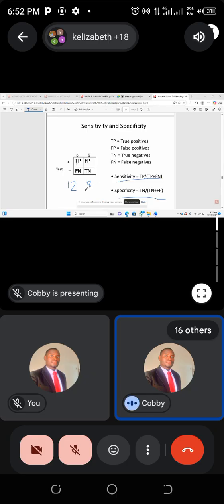When we subtract 8 from 12, the remaining people test positive. There will be 4 of them. Now, when we come to this formula, from this example, how many are true negatives?